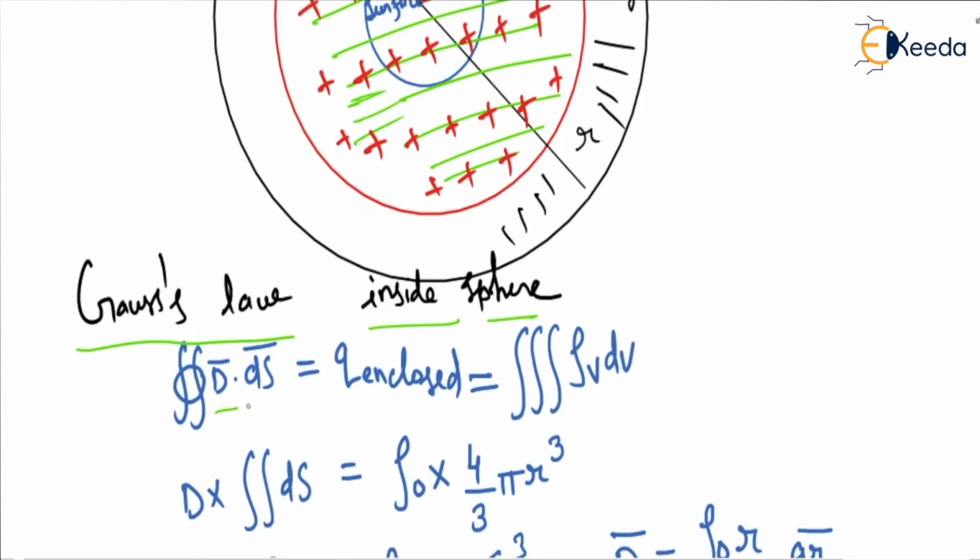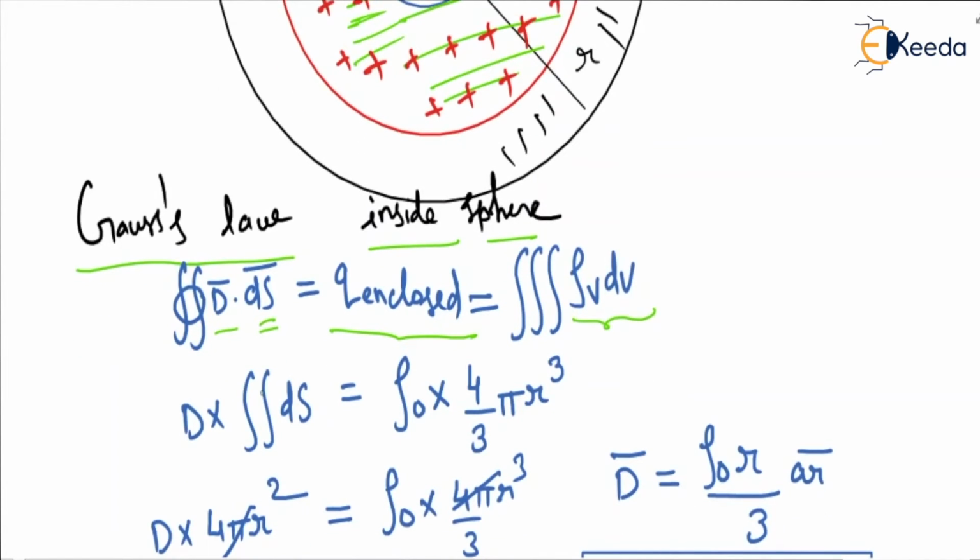double integration D vector dot dS vector is equal to charge enclosed, and the value of charge enclosed is rho v dv. So D into integration of dS is rho naught into integration of dv, which is the total volume, 4 by 3 pi r cube.